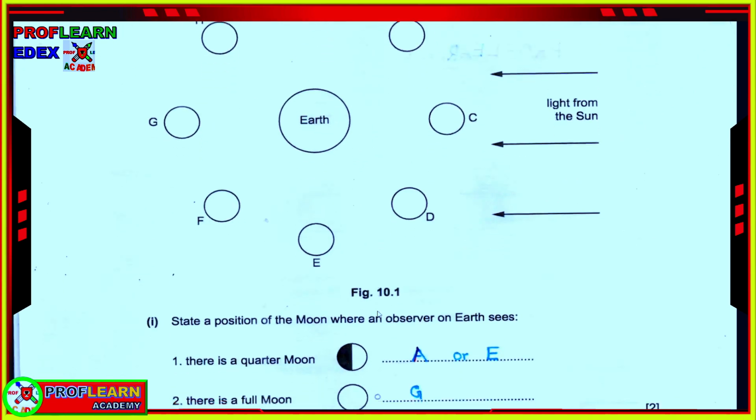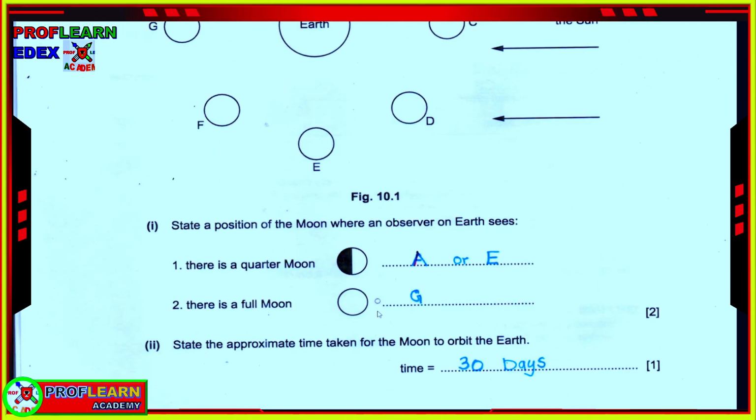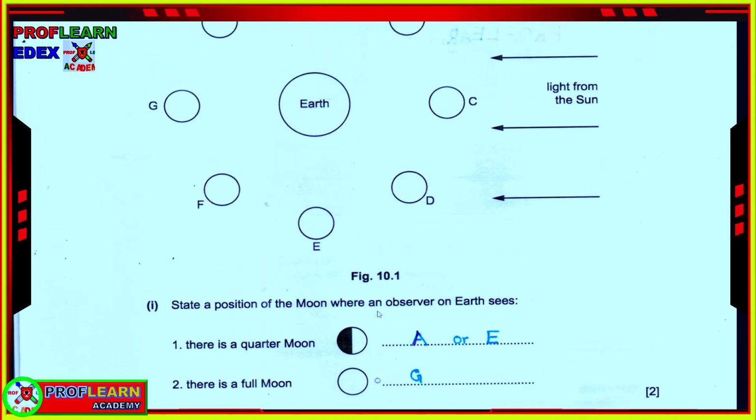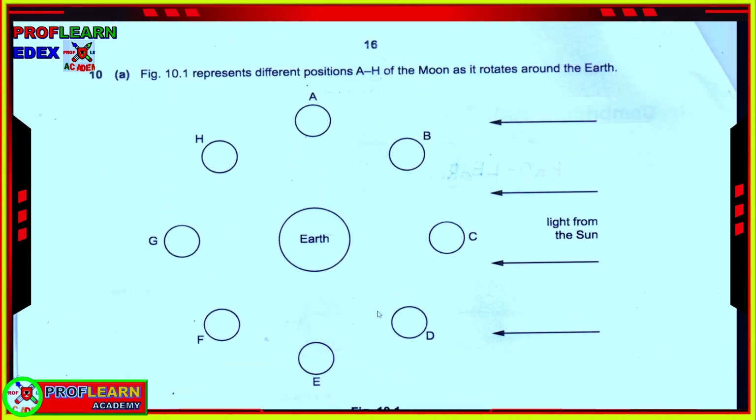Now you can see here we are asked to state the position of the moon where the observer on the earth sees a quarter moon. And the way to respond to that is either position A or E, where the observer sees the full moon is position G.